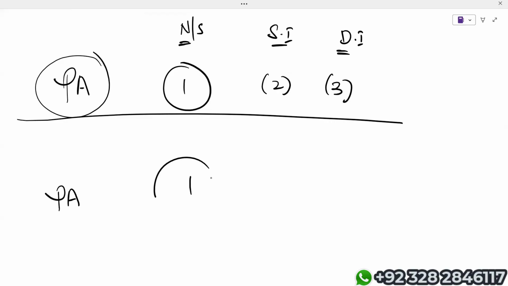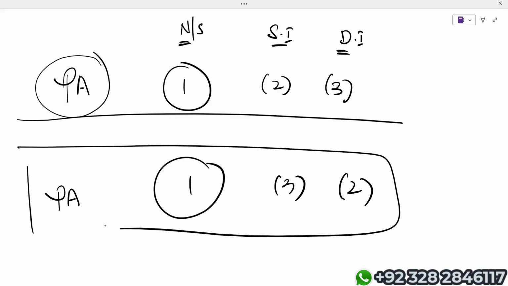It is going to be number 1, then 2, and then 3. And students, don't forget one thing, it is just a change in the allocation of personal allowance. When it comes to applying the income tax rate, first we apply the income tax rate on non-saving income, then on savings income, and finally dividend.